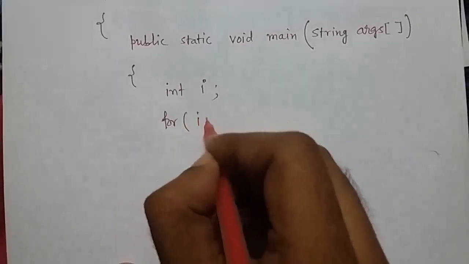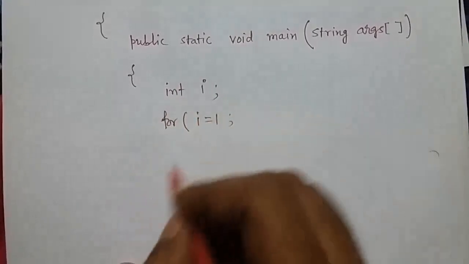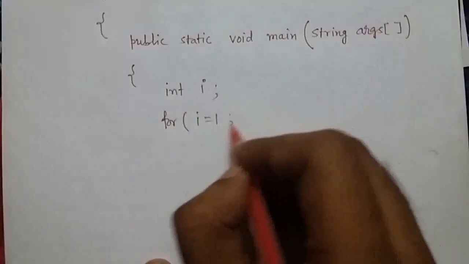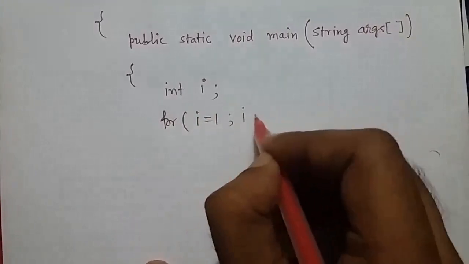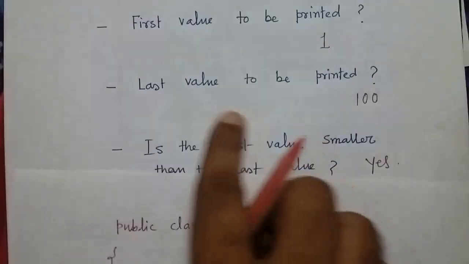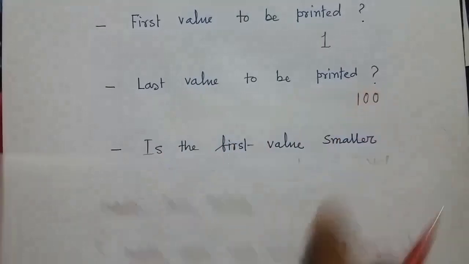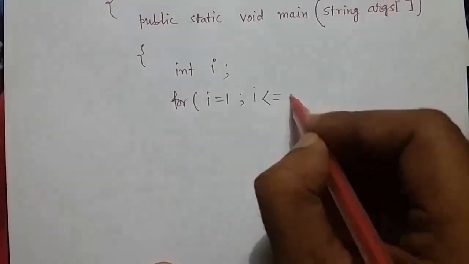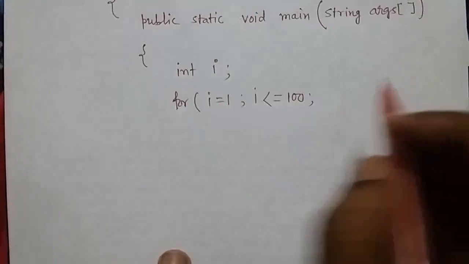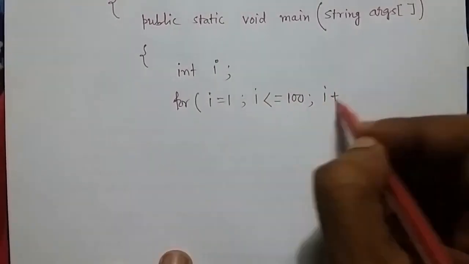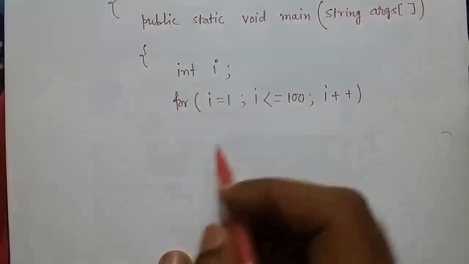For i equals 1, because the starting value is 1, then i less than equals to the last value to be printed, that is 100, and the update expression i++. Forward loop, that's why increment.